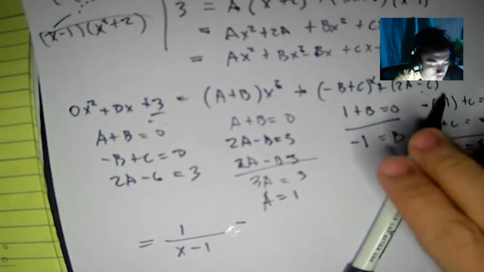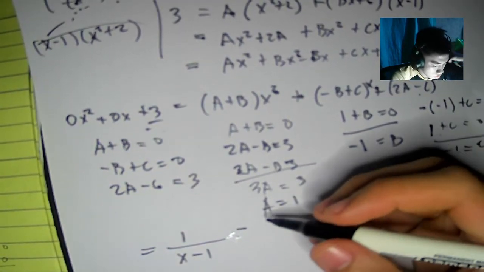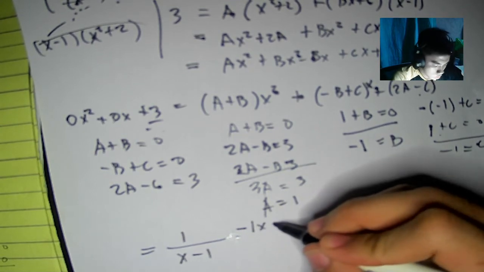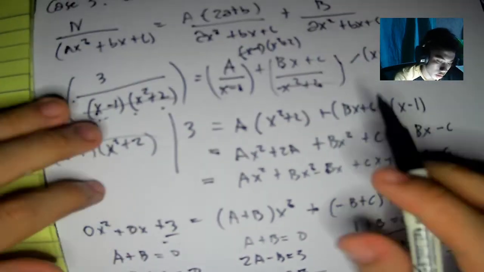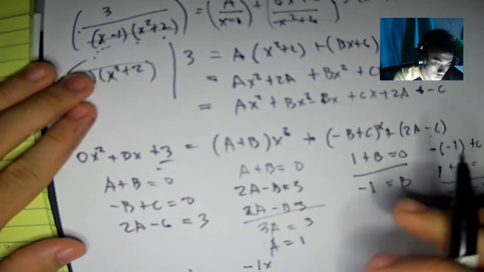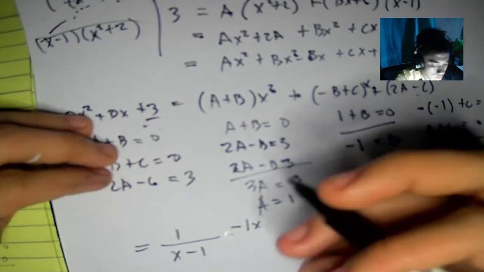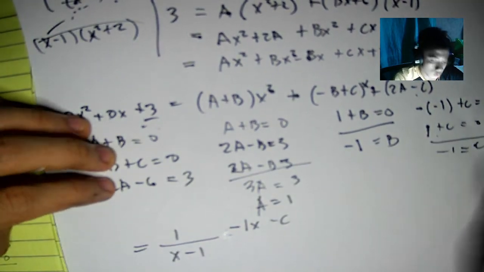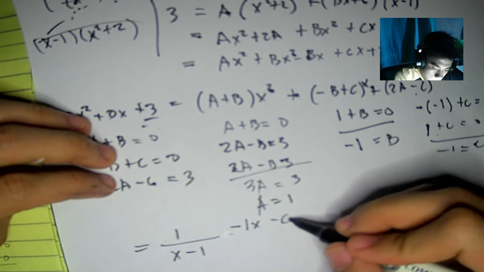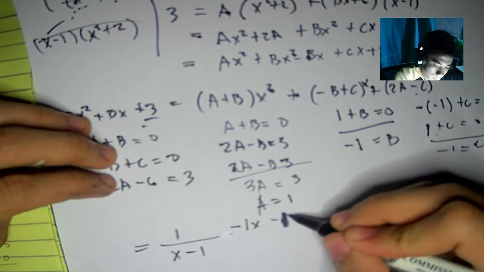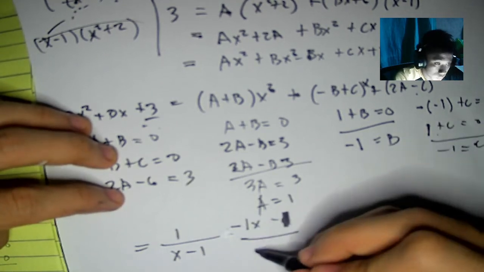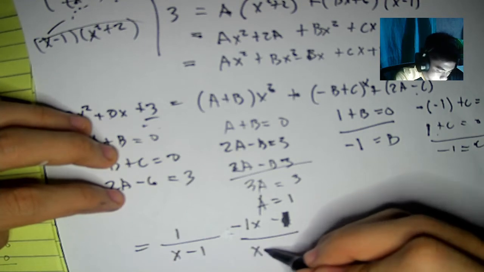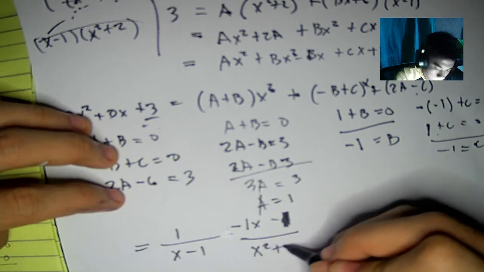We'll have 1x here, because we have bx here, right? Bx plus c. So we have the value of c, we have the value of b, so we have 1x minus c. So it is both negative 1, so c should be negative 1 here. Sorry. So we'll have x minus 1, x squared plus 2.